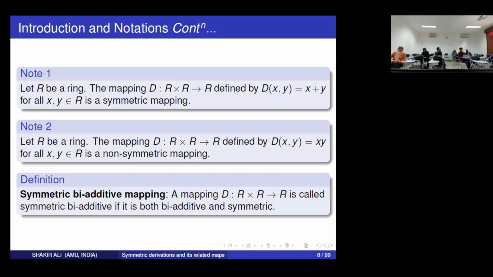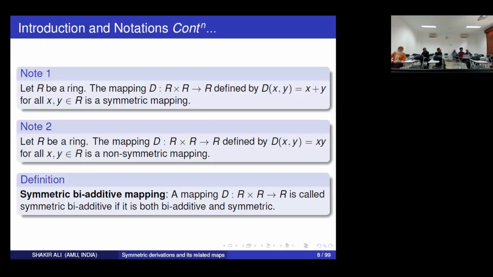Of course, you could change the value, because we are talking about the ring's additive subgroup. So we always write x plus y is equal to y plus x. So definitely d(x, y) is the same as d(y, x). Then the next one is d(x, y) equals x times y.